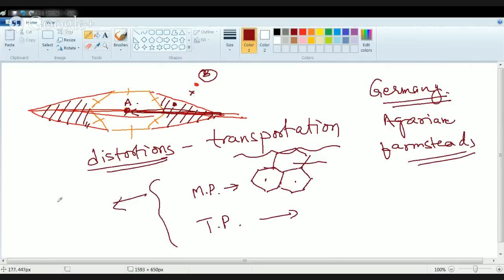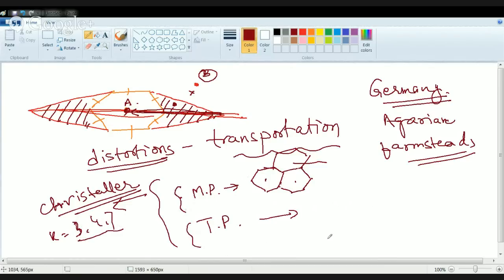Thereafter, there were further modifications to Christaller's model, propounded by Losch, who said that there is a kind of continuum, and that the k values of 3, 4, and 7 can overlap and coexist, whereas Christaller said that they exist independently. So where the market principle comes up, all the settlements will grow as per the market principle.